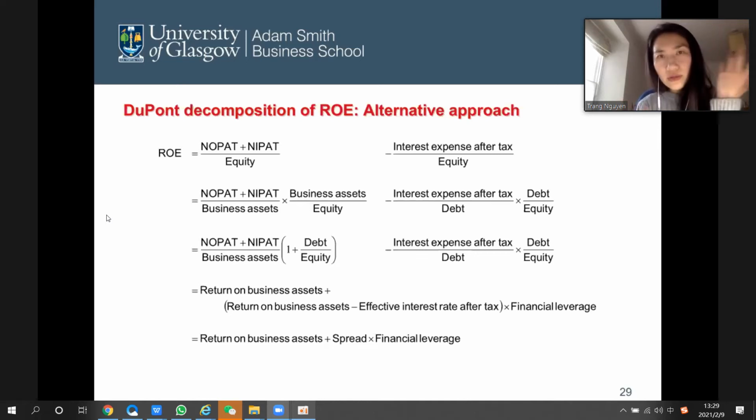So you can use two methods, or you just want to look at what really happened in the firm. We can still apply the same way as the traditional approach. So you can just use the alternative approach, or just the traditional one. It's completely your choice.